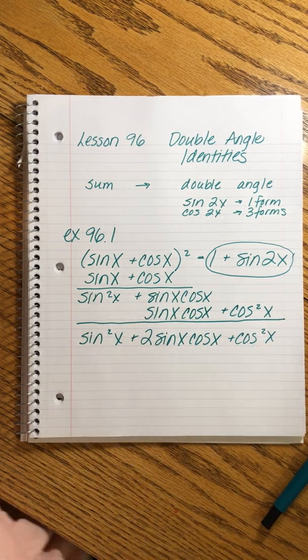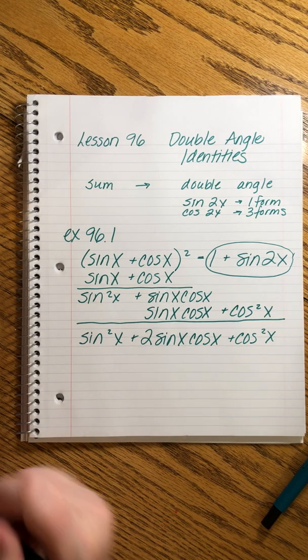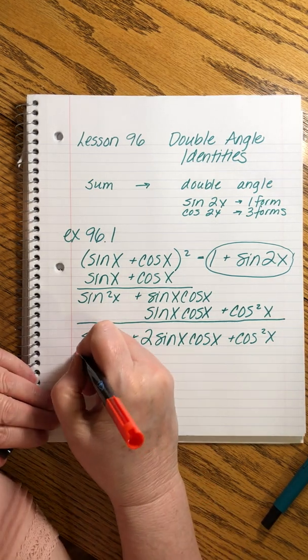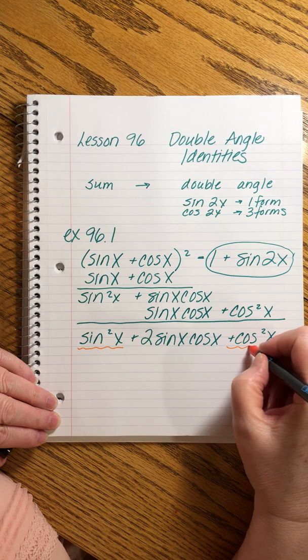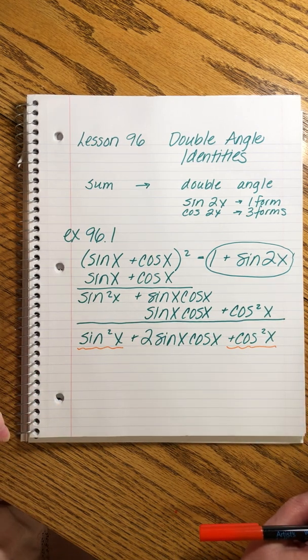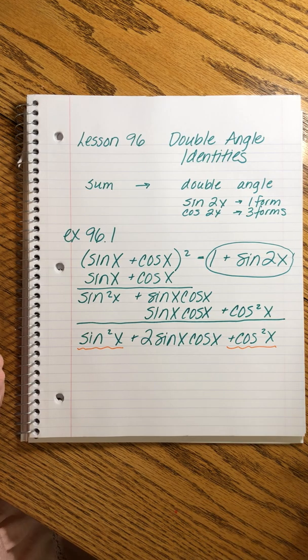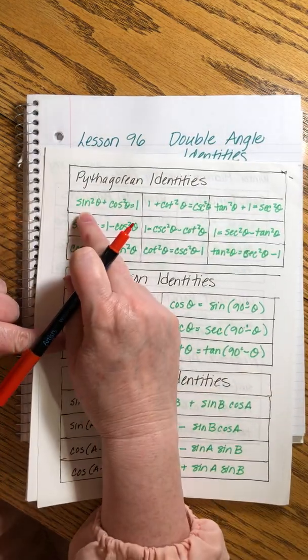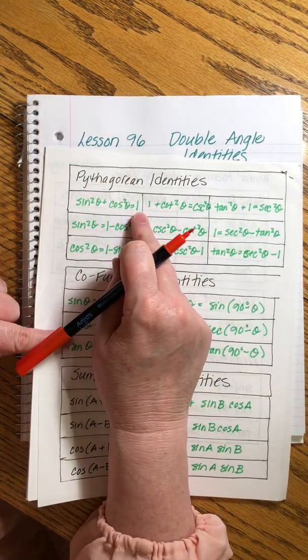Now, the first thing I notice is that these two go together to make a Pythagorean identity. Because we know sine squared plus cosine squared equals 1.